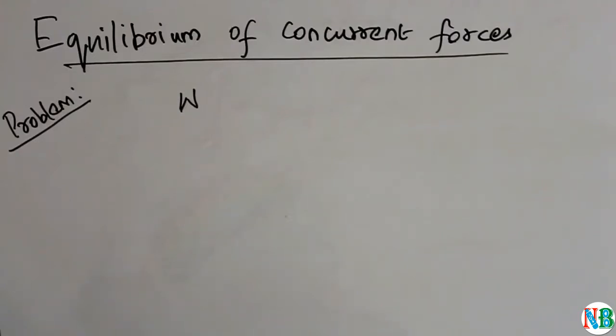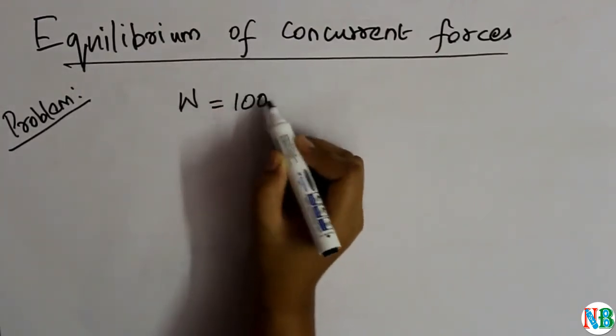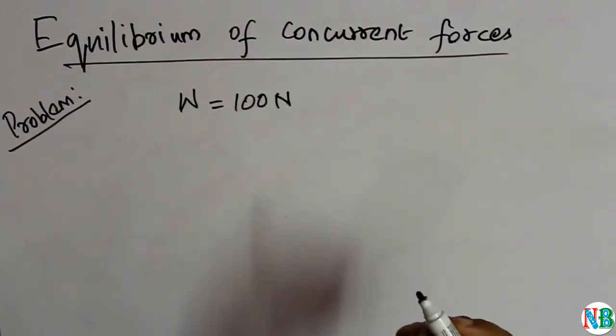What are the tensions in each of the ropes? Assume the weight of the ropes and the knot are negligible. If the weight of the block is 100 Newton, what is the tension in the ceiling rope? This is the question.